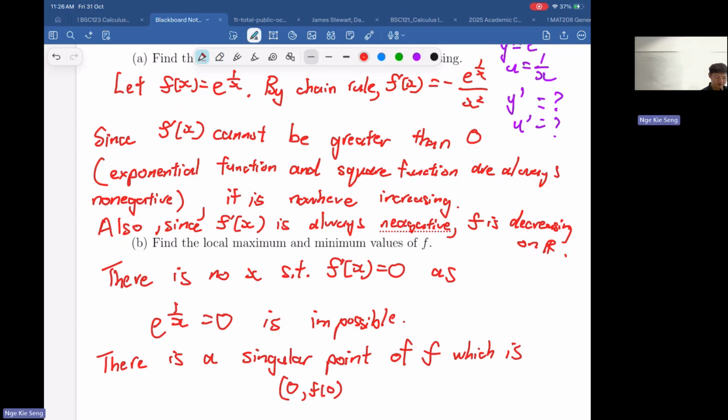So actually, there is none. There is no singular point of f at x equals 0 because f is not defined there.